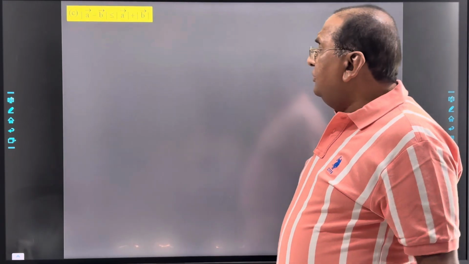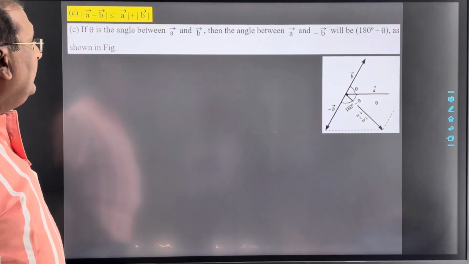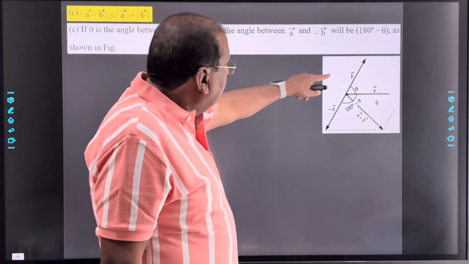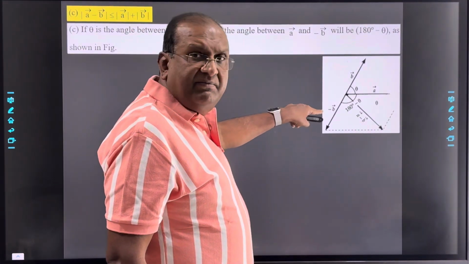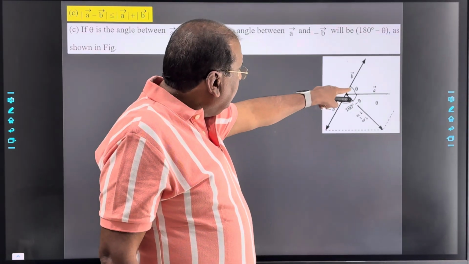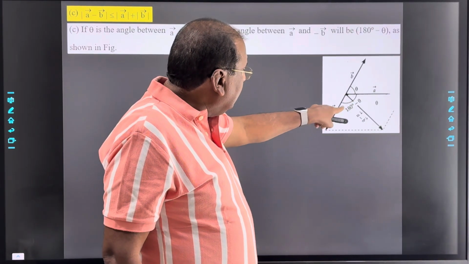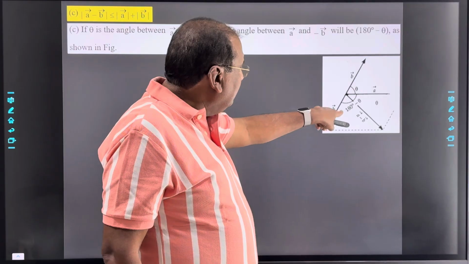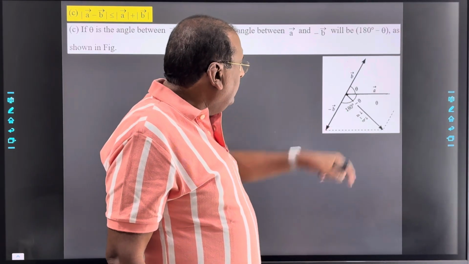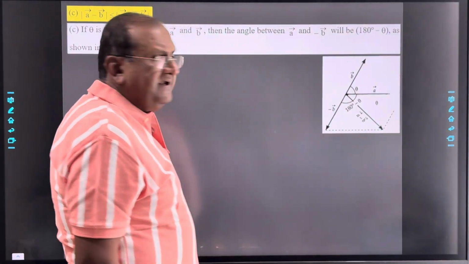Okay, so here if we consider the angle between a and b as theta, then the angle between a and minus b: if b is here, minus b will be in the opposite direction. The angle between a and b is theta, then the angle between a and minus b is 180 minus theta.